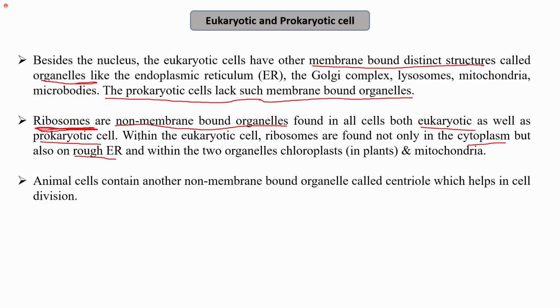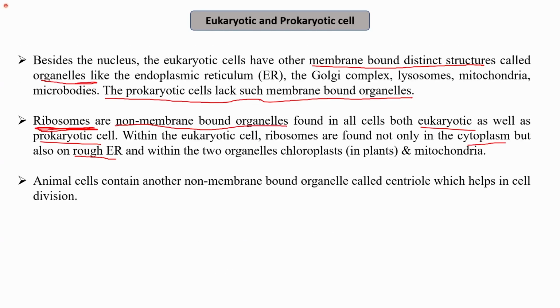However, ribosome is present in both the eukaryotic and prokaryotic cells, and since it is a non-membrane-bound organelle, it is present in both, and its function is that it plays an important role in protein synthesis.